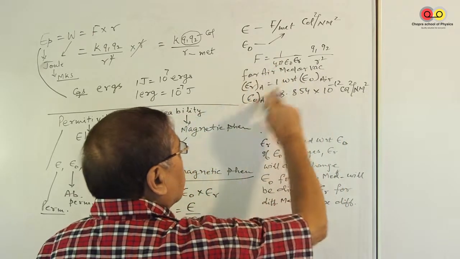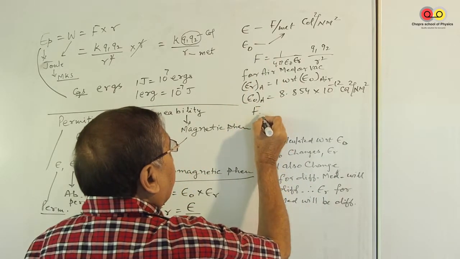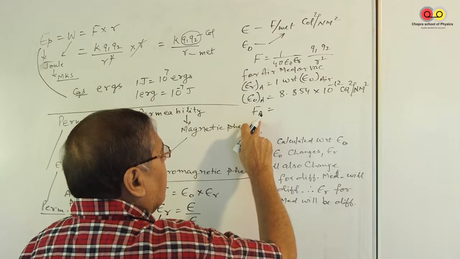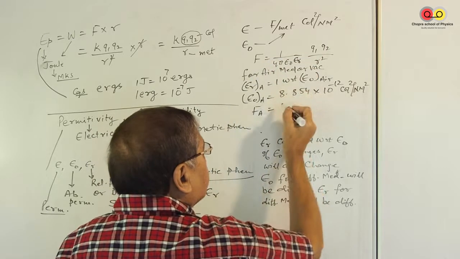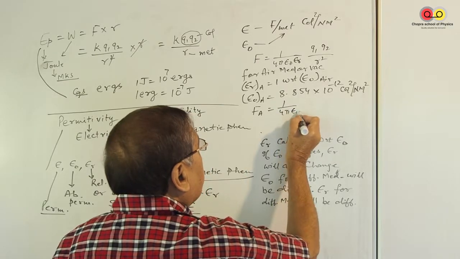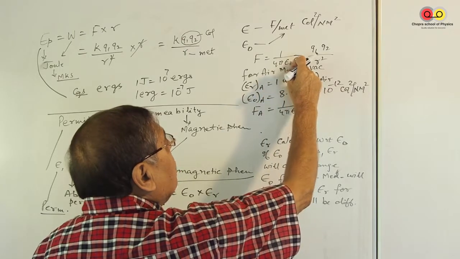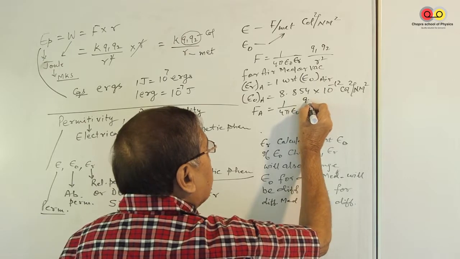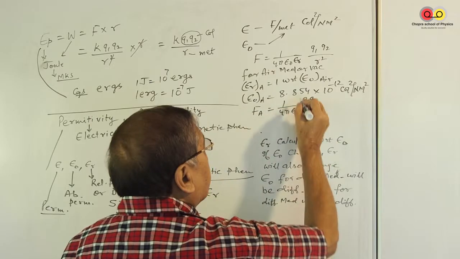So if we put epsilon r as 1, the formula will become force in air medium. Instead of F, we should write Fa. So force in air medium is 1 over 4 pi epsilon naught, and epsilon r, that is 1. And if 1 is multiplied by any number, it will remain that number. So we will write Q1 Q2 divided by r square.